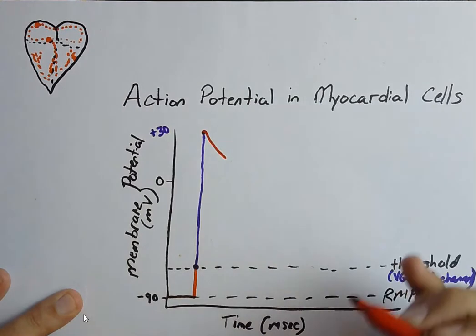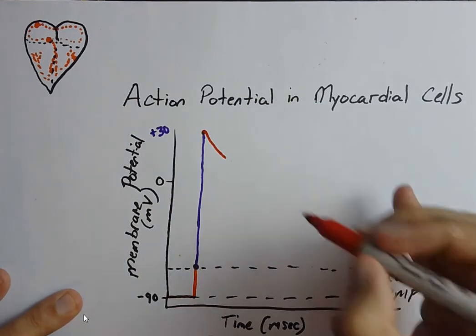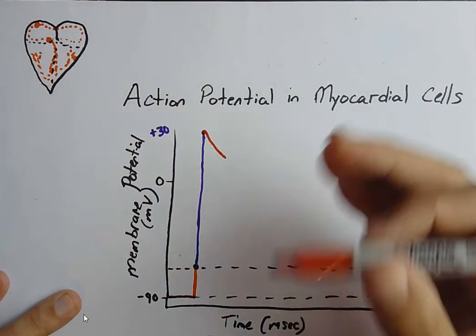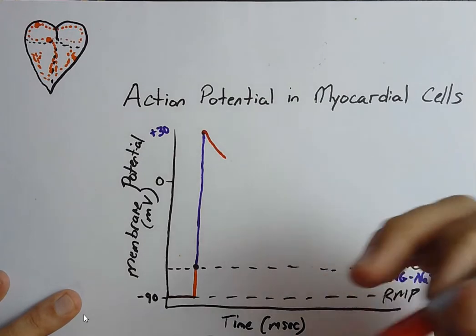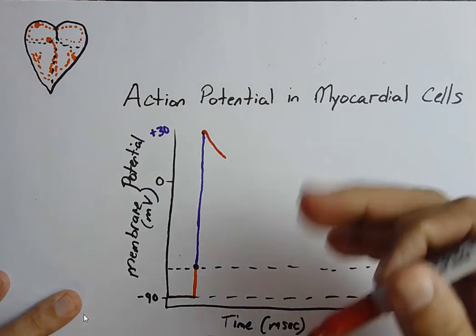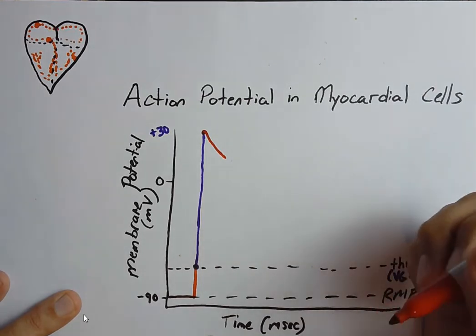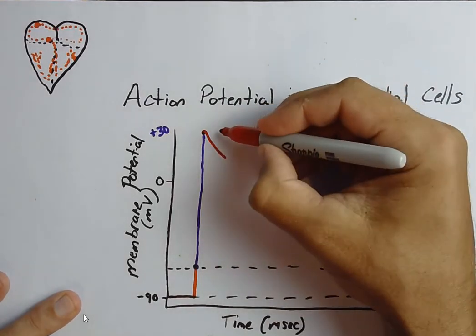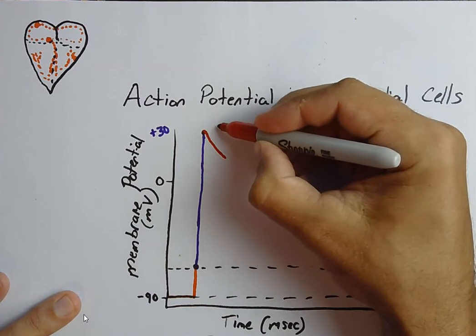It's still going to be a voltage-gated potassium channel, but this is a voltage-gated potassium channel that opens and closes extremely rapidly. So it is a voltage-gated potassium channel.